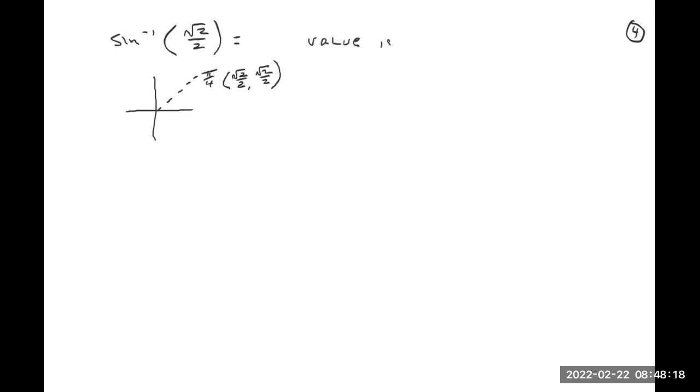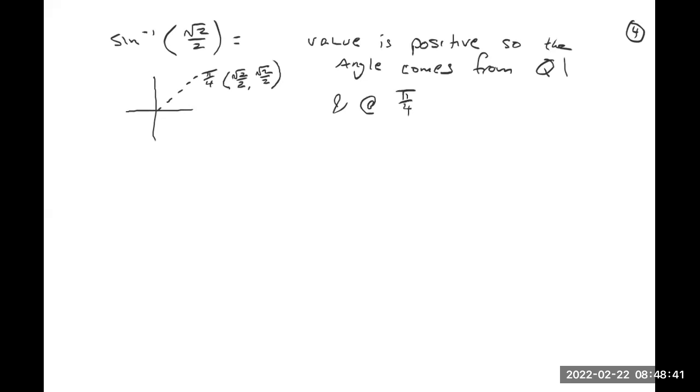The value is positive, so the angle comes from quadrant 1, and at pi over 4, sine of theta is square root of 2 over 2.